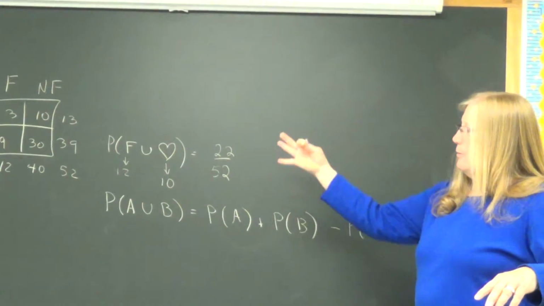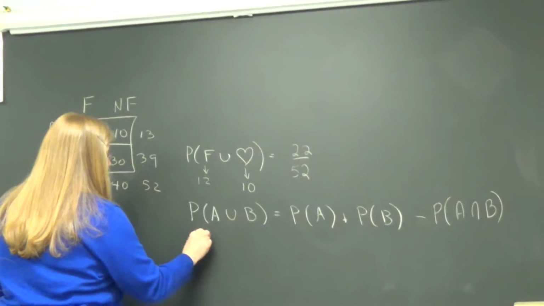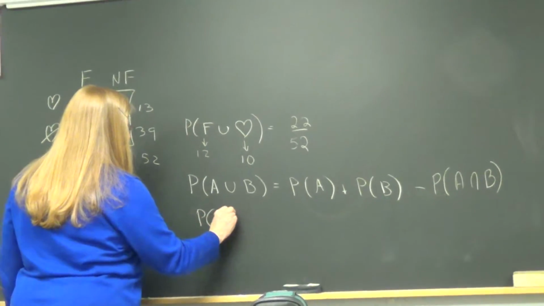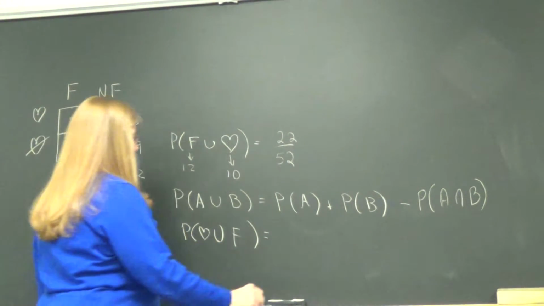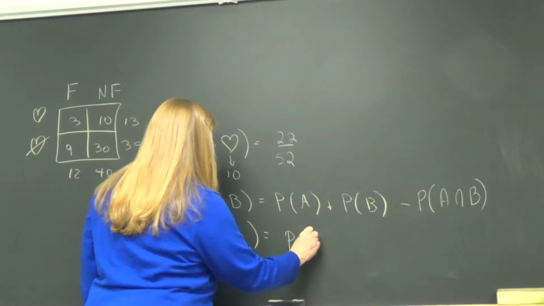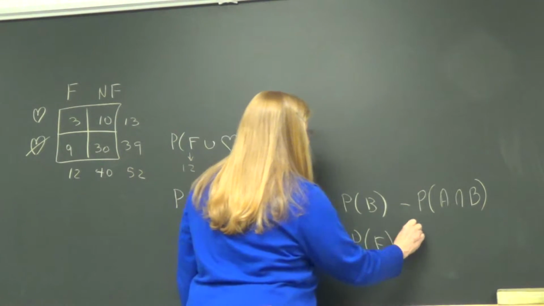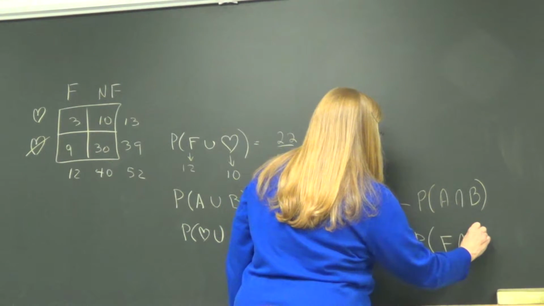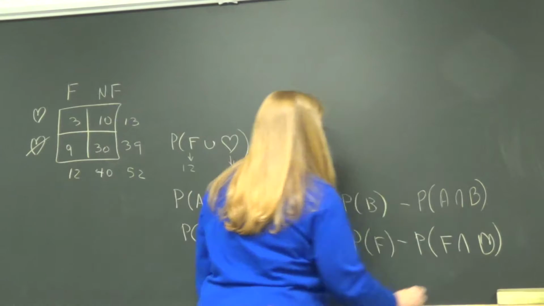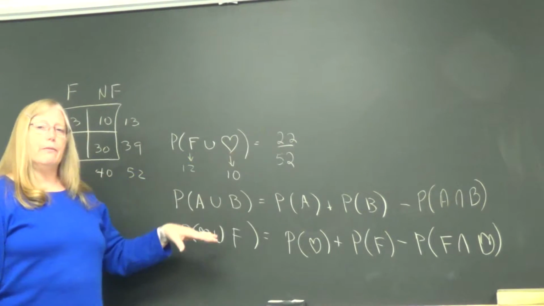So let's see if that works with this example. A being, say, a heart, and B being a face. Plugging in the formula: probability of heart plus probability of face minus the probability of face and a heart. So I'm doing the same problem again with the formula.